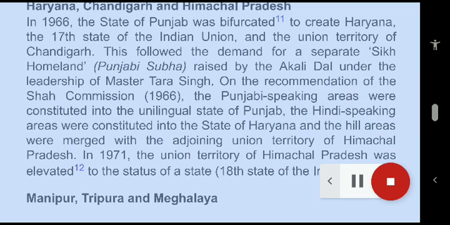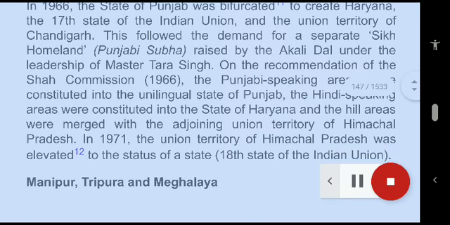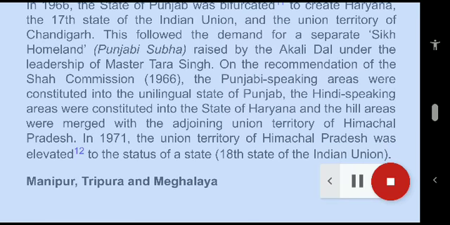On the recommendation of the Shah Commission, 1966, the Punjabi-speaking areas were constituted into the unilingual state of Punjab. The Hindi-speaking areas were constituted into the state of Haryana, and the hill areas were merged with the adjoining Union Territory of Himachal Pradesh. In 1971, the Union Territory of Himachal Pradesh was elevated to the status of a state, the 18th state of the Indian Union. Manipur, Tripura and Meghalaya.